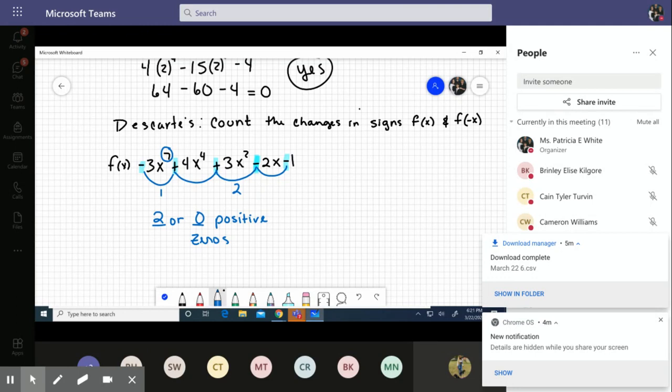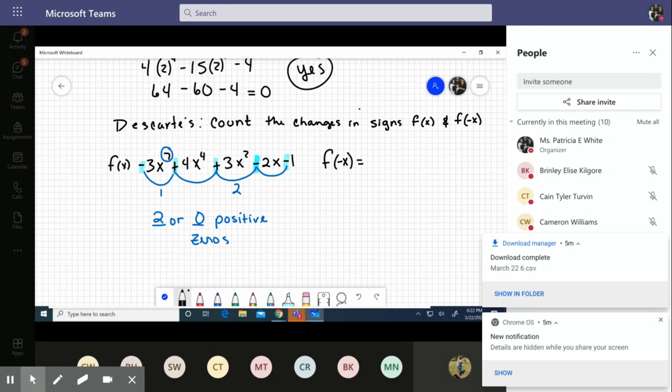Okay? Now I got to find out what is f of negative x. What happens to negative 1 if I raise it to an odd exponent? Stays negative. What happens to negative 1 if I raise it to an even exponent? Changes it, right? So this is going to be to that odd exponent.